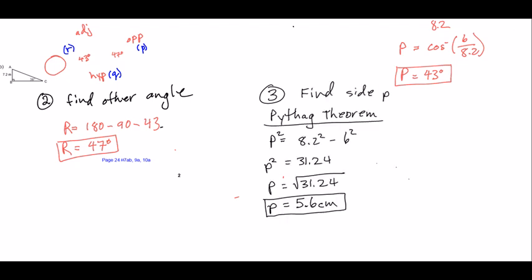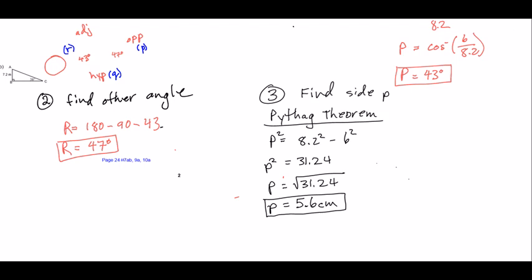Now, since P is one of the side legs, we actually have to take the hypotenuse, which is 8.2, and subtract from it 6 squared. Then we basically square root, get our answer, and we end up with 5.6.